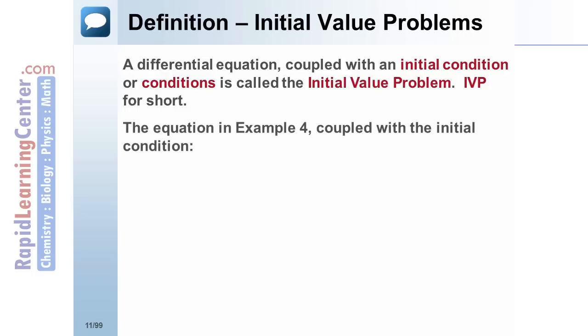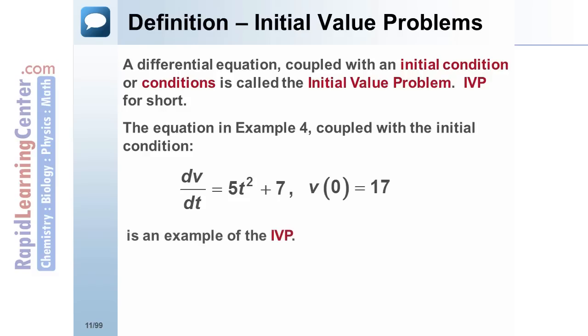The equation in example 4, coupled with the initial condition, dv/dt equals 5t squared plus 7, and v(0) equals 17, is an example of an IVP.